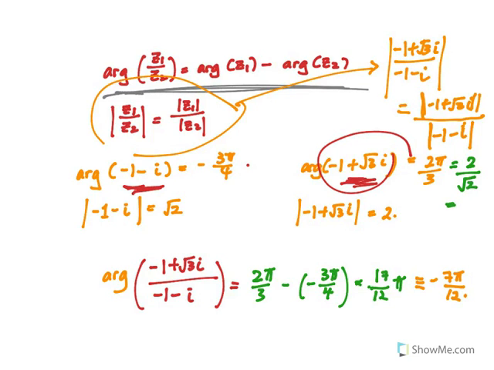Which will just be square root 2. And this is your modulus for part D. This is your argument for part D.